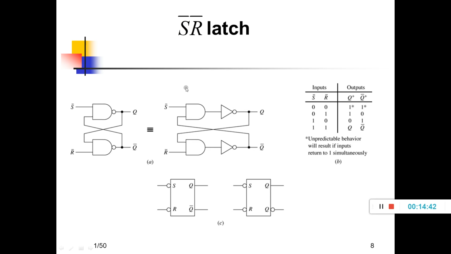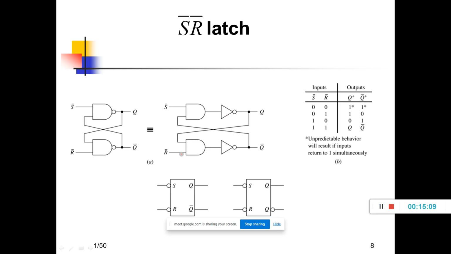The output of the second NAND gate becomes 0. So here, students, what you have to know is that the S bar R bar latch is nothing but, in the SR latch we used NOR gates. Here we are using NAND.